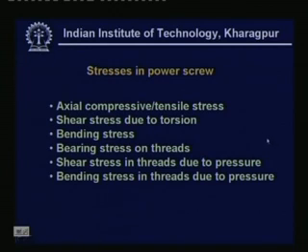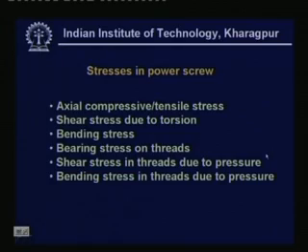There is another source of external torque, which is equal to the frictional resistance at the collar or in the bearing. Then comes the bending stress. Again, the bending stress does not happen always. It happens only in those cases, depending on the applications.